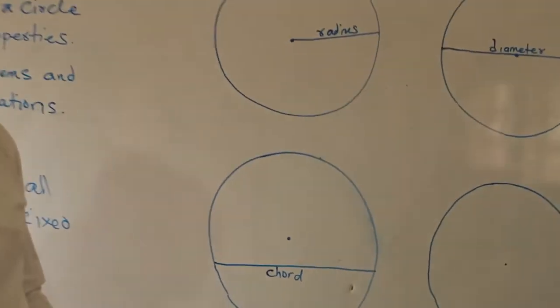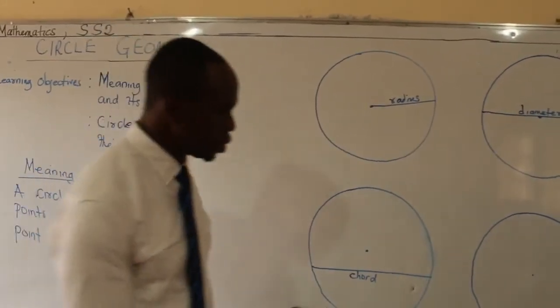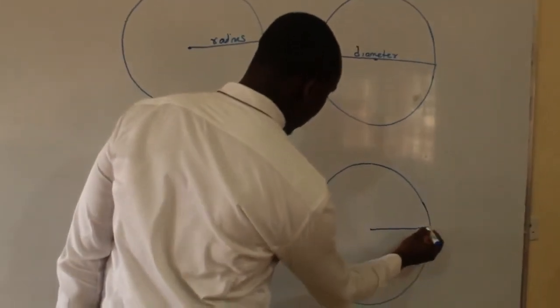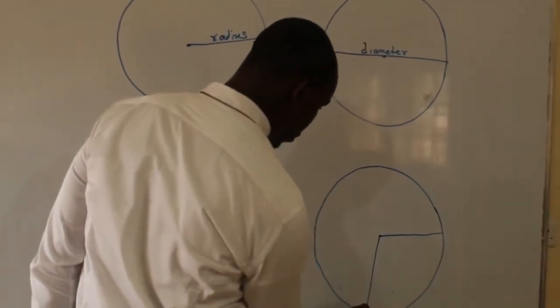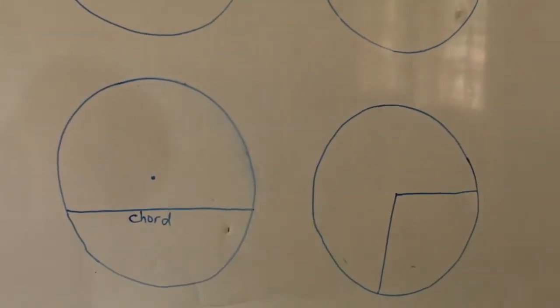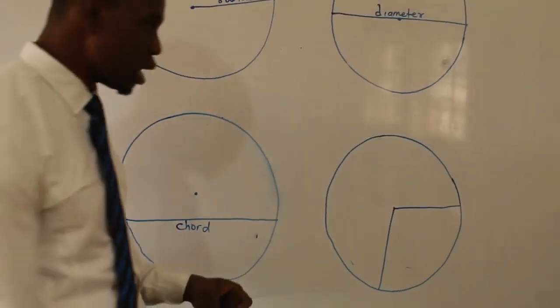The 4th property we'll be looking at is a sector. A sector is the area bounded by 2 radii.